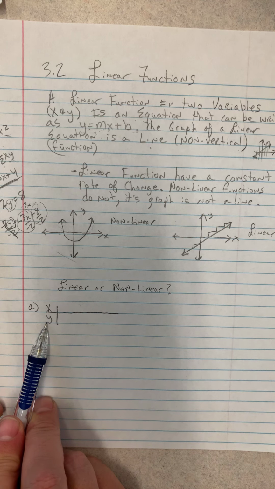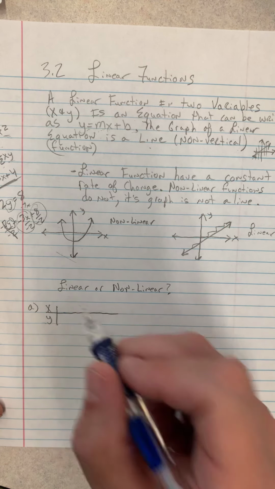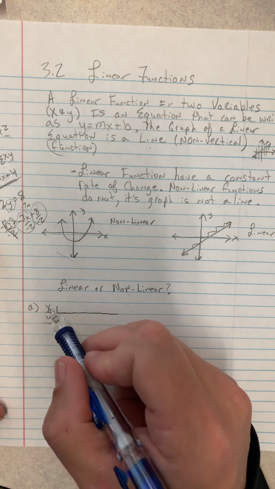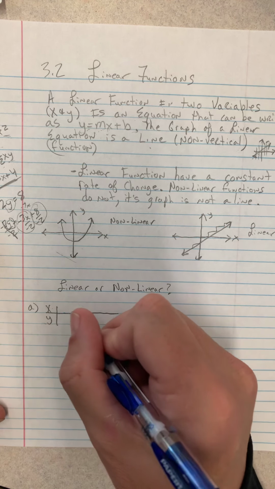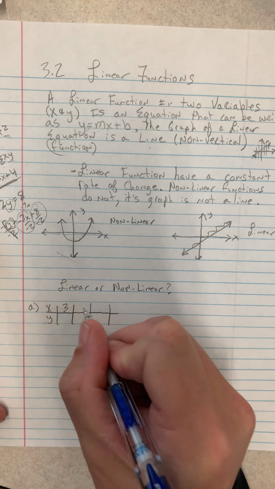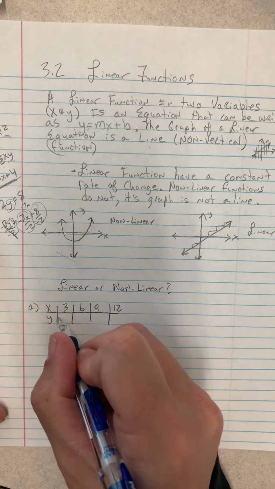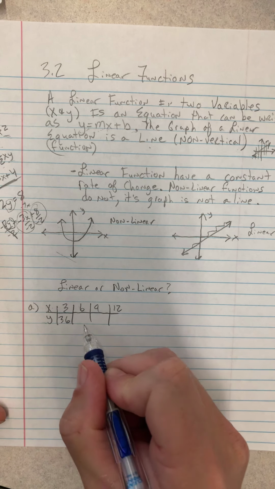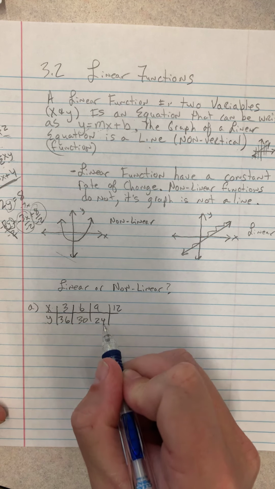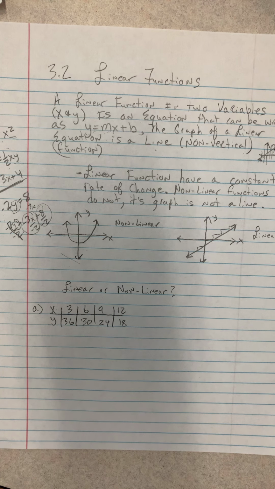I've got a y, a range, a dependent variable, an output. All those different names. The x values are 3, 6, 9, 12, and the y values are 36, 30, 24, 18. And the question is, is this linear?